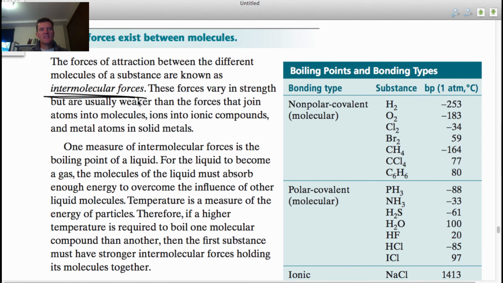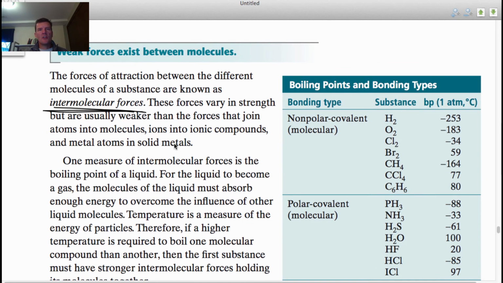Intermolecular forces basically are the forces that are going to hold one molecule close to another molecule, like in liquids and solids. Gases, obviously, are very far apart. But inter, between molecules. In water, what is holding one water molecule to another water molecule?